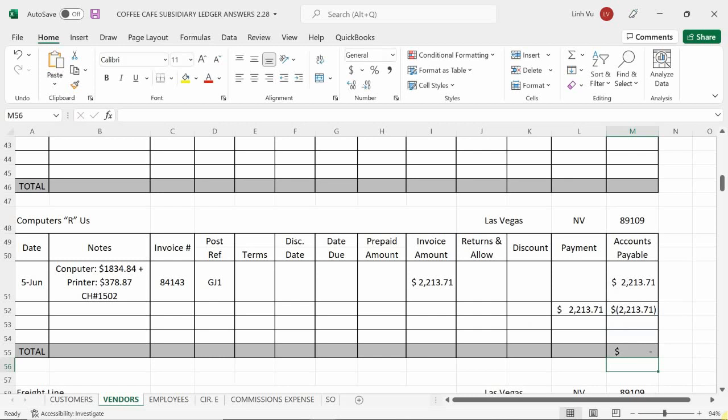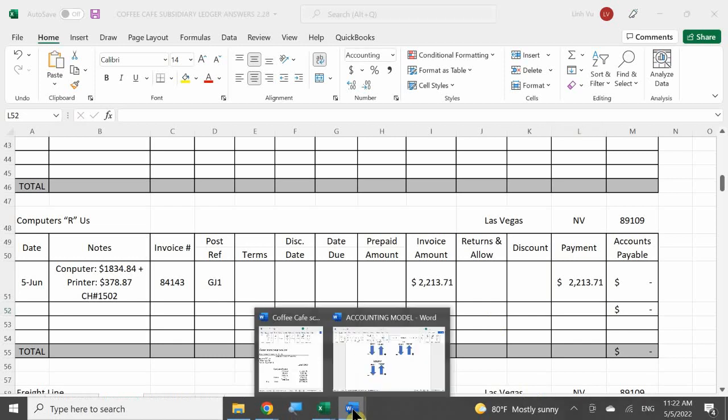It's going to now tell me that I owe nothing. But if I didn't pay, it's going to say I owe $2,213.71. But in this case, we paid at time of service. So we made a payment, and now I owe Computers R Us nothing. So that's how we use the subsidiary ledger.